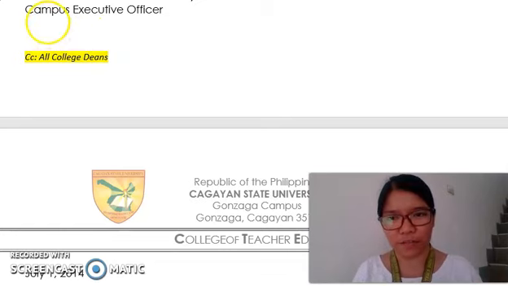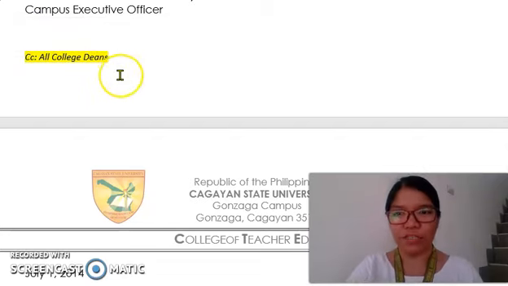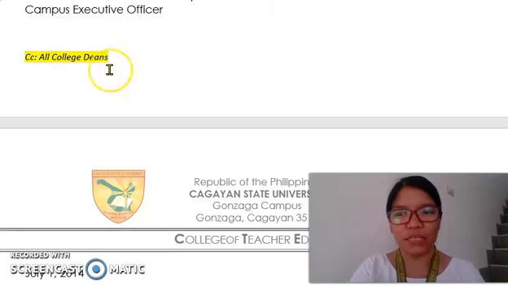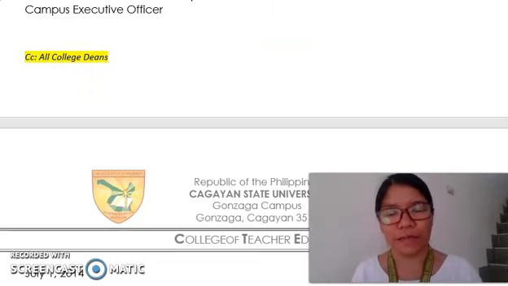It is located two spaces after the position of the last signee of the letter. So it's in here, the third space. So CC, if you can see in here, has all college deans. It means carbon copy notation.